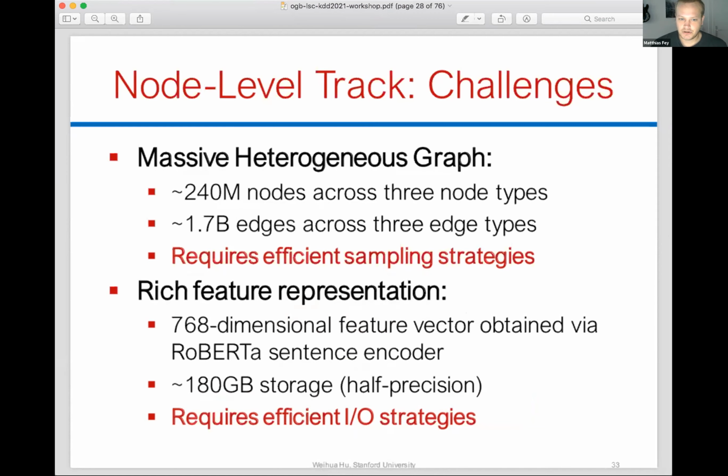Storing this big feature matrix alone requires about 180 gigabytes of storage, even saved in half precision. And since we have a lot of random accesses on this feature matrix during training, we also require efficient strategies to not let the I/O become a major bottleneck in our training procedure.